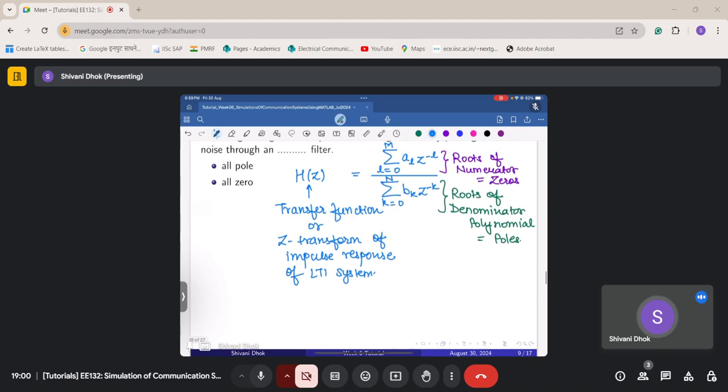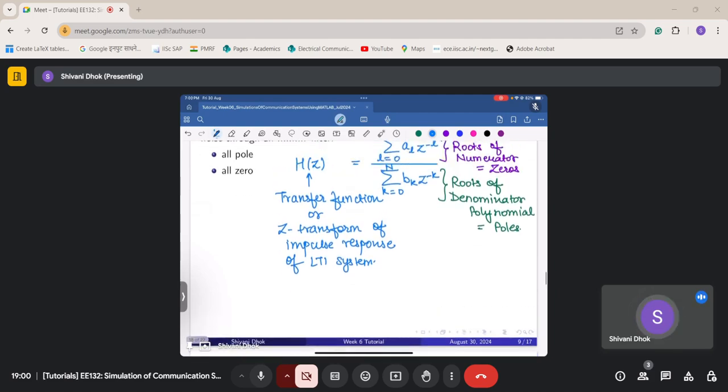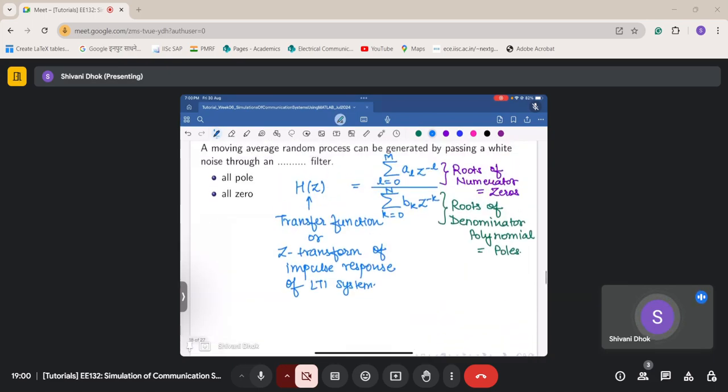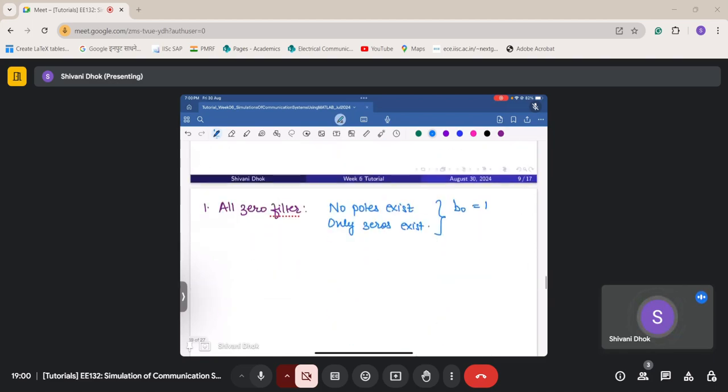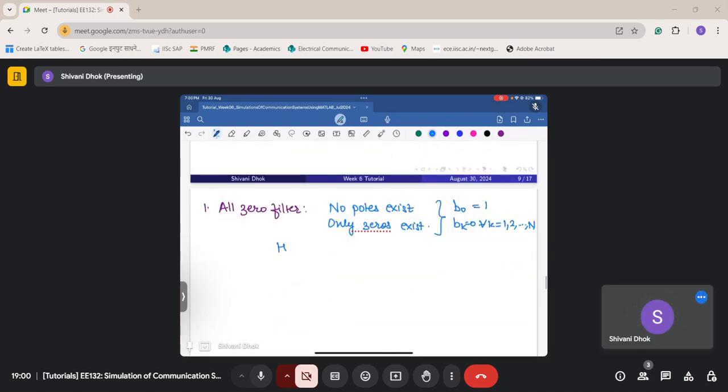So from this equation, your b0 will be equal to 1, and b_k equal to 0 for all k equal to 1, 2 and so on till N. In that situation, your H of z will appear something like this.